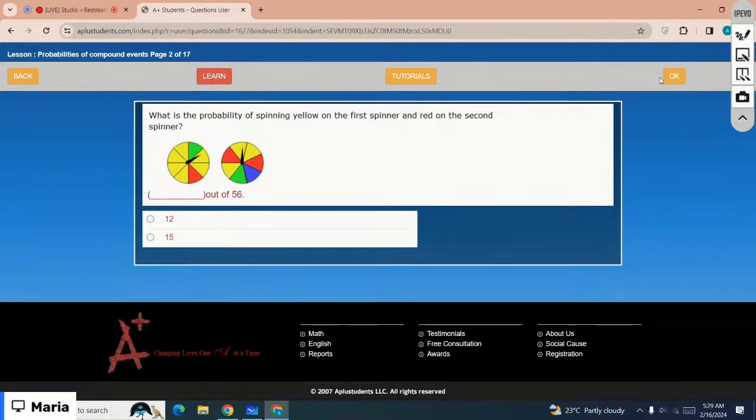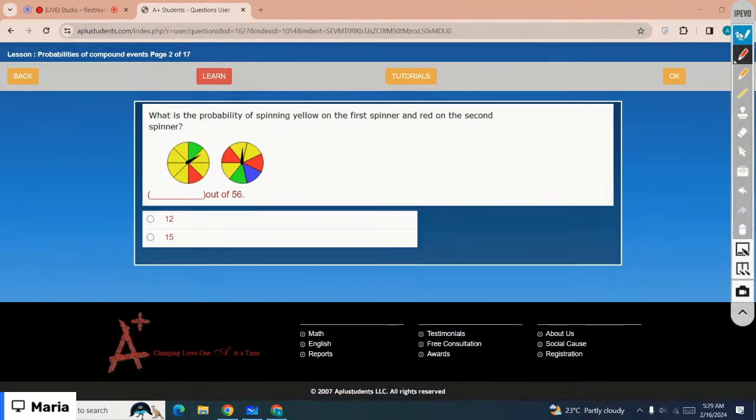The next one is, what is the probability of spinning yellow on the first spinner and red on the second spinner? Okay, let's see. Yellow on the first, right? 1, 2, 3, 4, 5, 6. That is 6 out of 8, right? And red on the second, you have 2 out of 1, 2, 3, 4, 5, 6, 7.